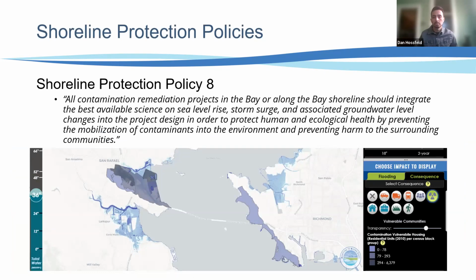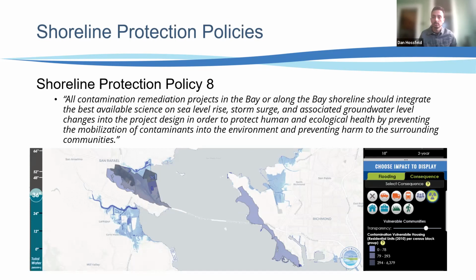There's Shoreline Protection Policy 8. This policy essentially says you must consider sea level rise science and emerging groundwater science in contamination remediation. This is another emerging topic of interest in the Bay and everywhere.